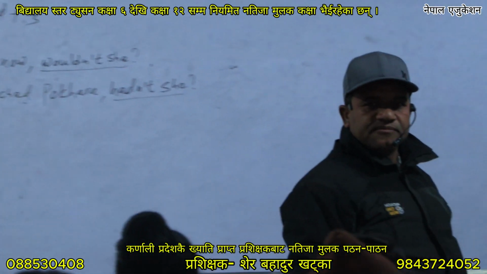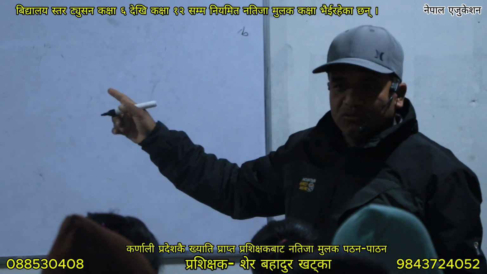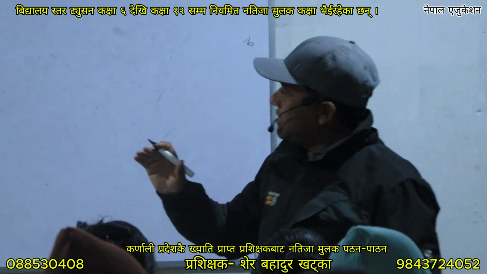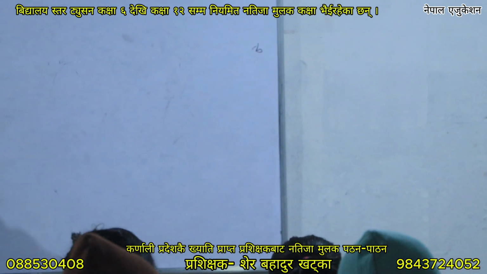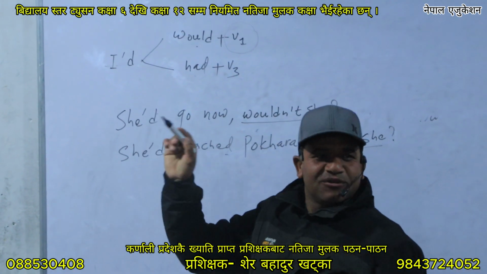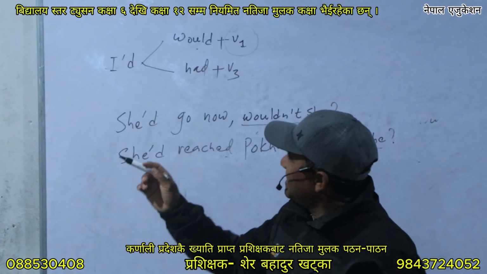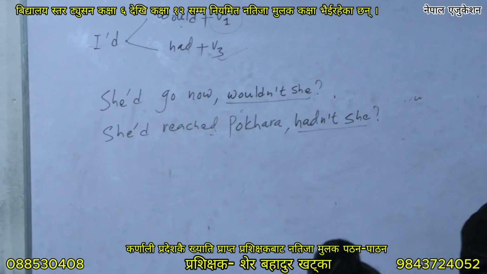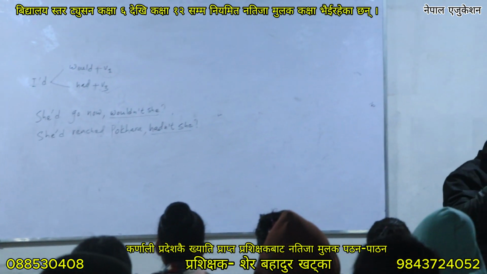Do you understand? Why? Where do we use would? Where do we use had? Commonly, you should know that if there is verb 1 after would, that is wouldn't. If there is verb 3, that is had. Had and would. Hadn't and wouldn't.